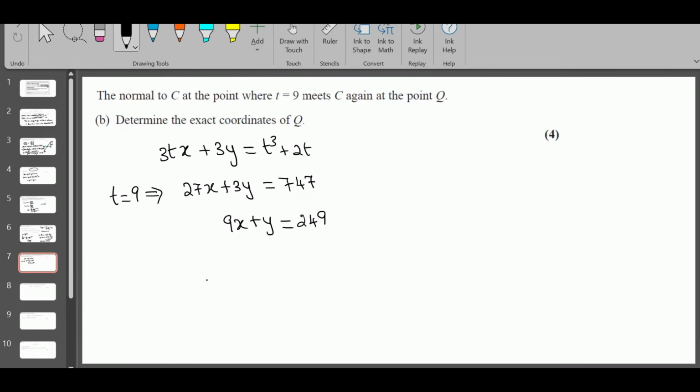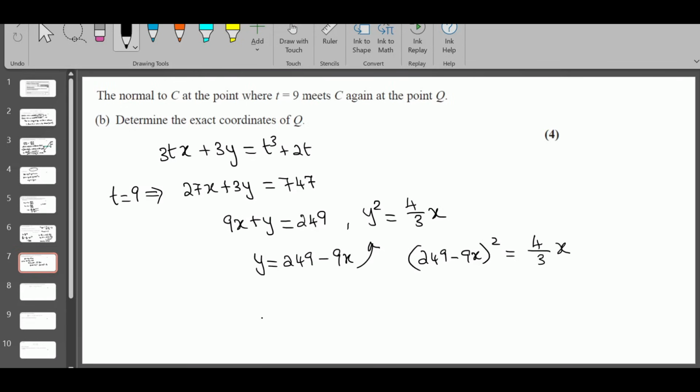So this meets the curve C again. The equation of the curve is y squared is equal to 4 over 3 x. So find the exact value. We need to solve this actually. From here we can find y: 249 minus 9x. Sub in here. So 249 minus 9x, the whole squared, is equal to 4 over 3 x.